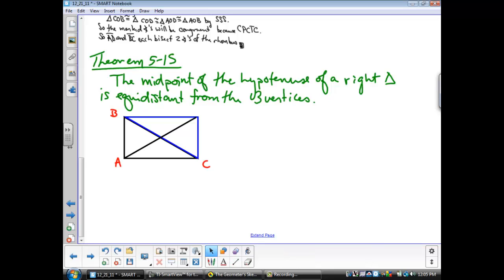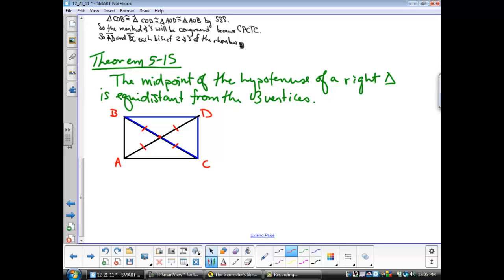When I draw that other diagonal, I am finding the midpoint of that hypotenuse, and it is X. Since this is a rectangle, we'll call this other point D. Not only do diagonals bisect each other, but the diagonals are congruent. And if the diagonals bisect each other, and that's the midpoint of both of them, and the diagonals are congruent, then all of these pieces are going to be congruent to each other.